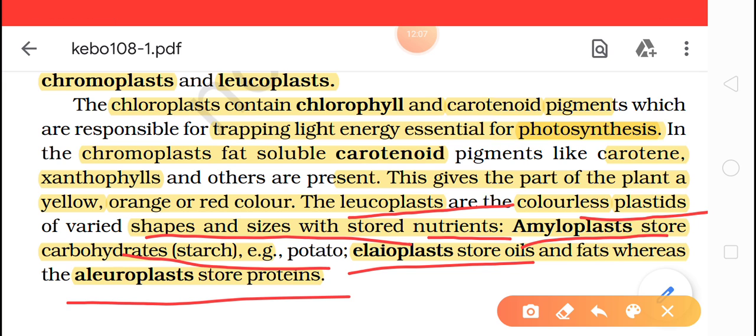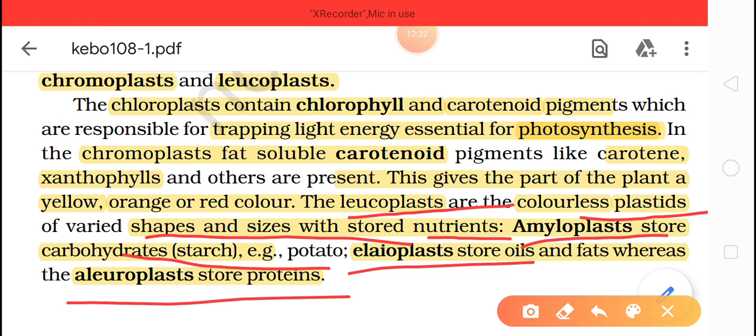So amyloplast, elaioplast and aleuroplast have different functions in the plant cell. Some are useful for storing carbohydrate, some are useful to store oils and fats, and the others are used to store proteins.